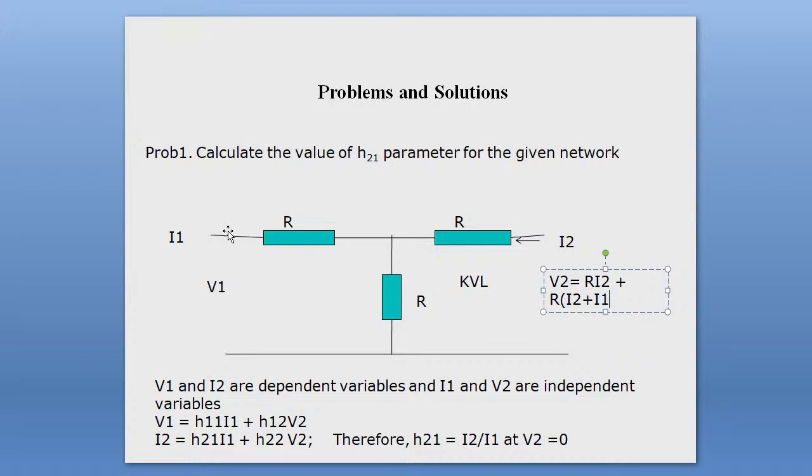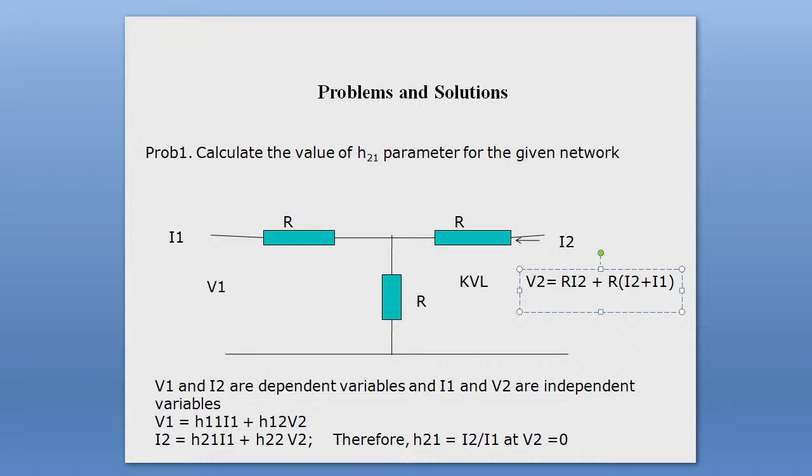This I1 current is also flowing through this resistance. Okay, we can write this. Everyone look at the KVL equation for the right side loop. If you have any doubt, you tell me.